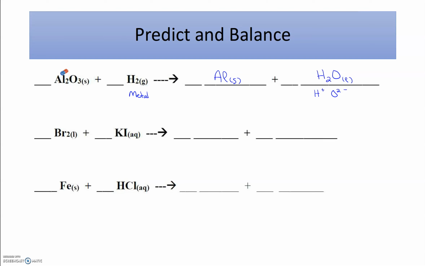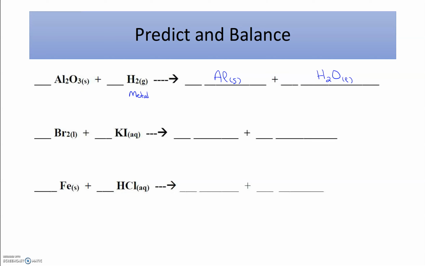Now, when it comes to my balancing, I'm going to balance the same way that I have been before, so it doesn't matter who I start with. I typically like starting with oxygen if I see oxygen there, just because oxygen can be a tricky guy to balance.